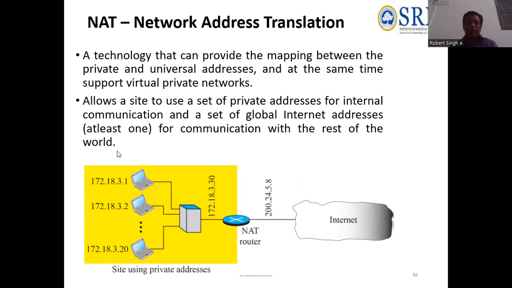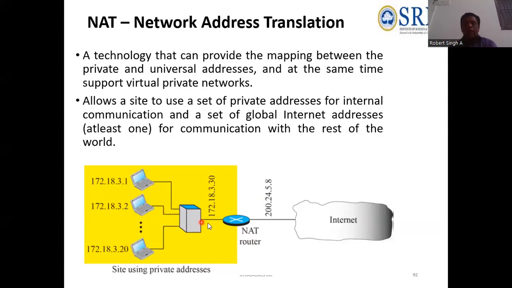In this scenario, the router acts as a NAT. The left side of the portion shows a number of private IP addresses, and the right side is the global world. Here, the router, acting as network address translation, is mapping the private IP address to the public IP address.